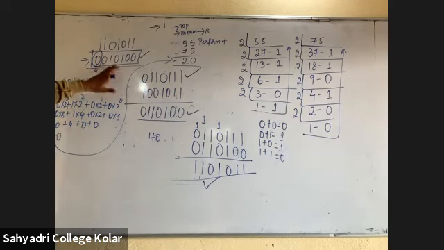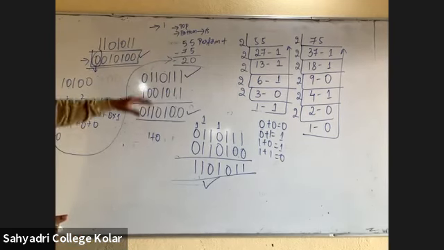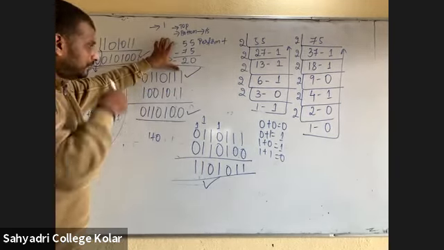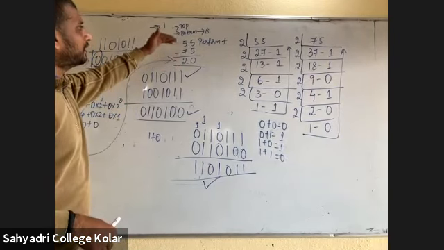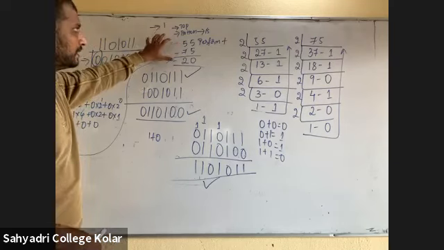So this is the explanation and these are the steps that need to be performed to subtract a larger number by using the smaller number using the ones complement.